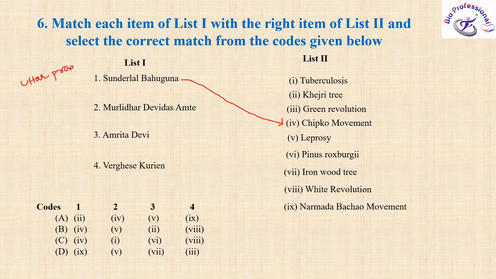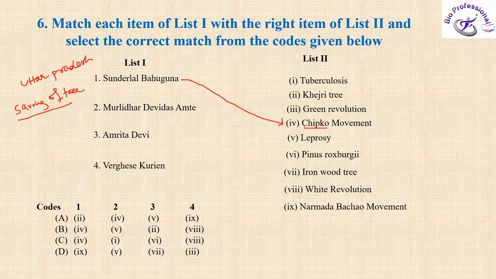Uttar Pradesh. Clear? Actually, this movement is for saving trees, because at that time there were many people called forest contractors who were cutting the trees. What is the meaning of Chipko?